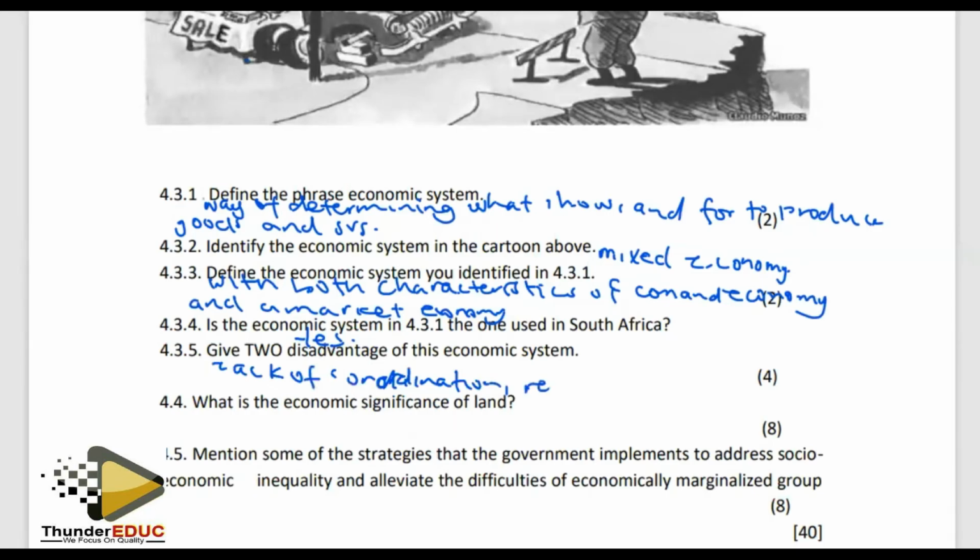There is a lot of red tape, and there is a lot of bureaucracy in a mixed economy, because the government has to endorse some aspects before they take place. And economic fluctuations, a lot of changes. In a free market economy, we have seen a lot of economic frustrations.